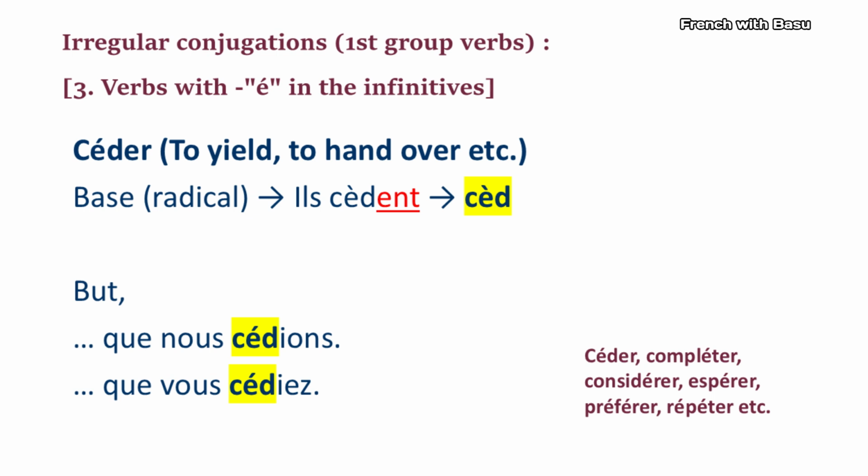For example, céder, to yield, to hand over, etc. The base form is CE accent grave de, which you can use with all the other subjects except nous and vous. With nous and vous, you will use CE accent aigu de. Que nous cédions, que vous cédiez.